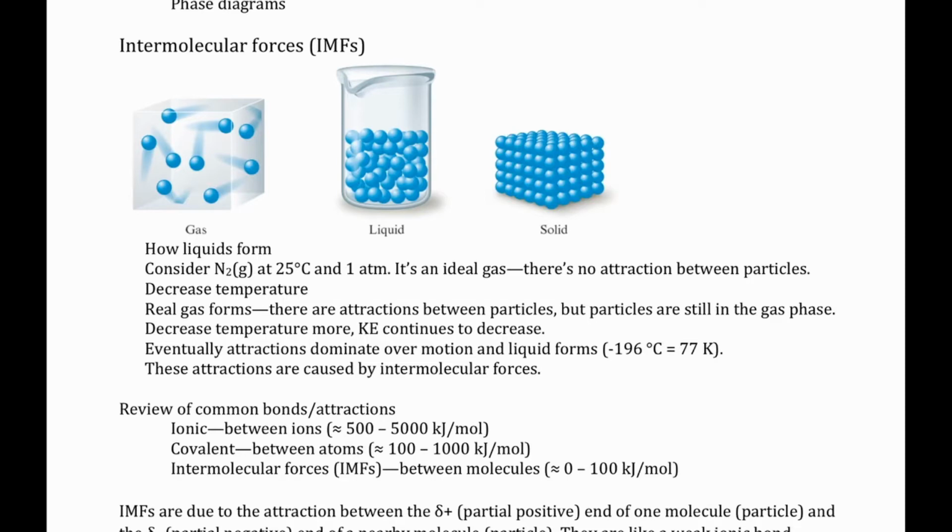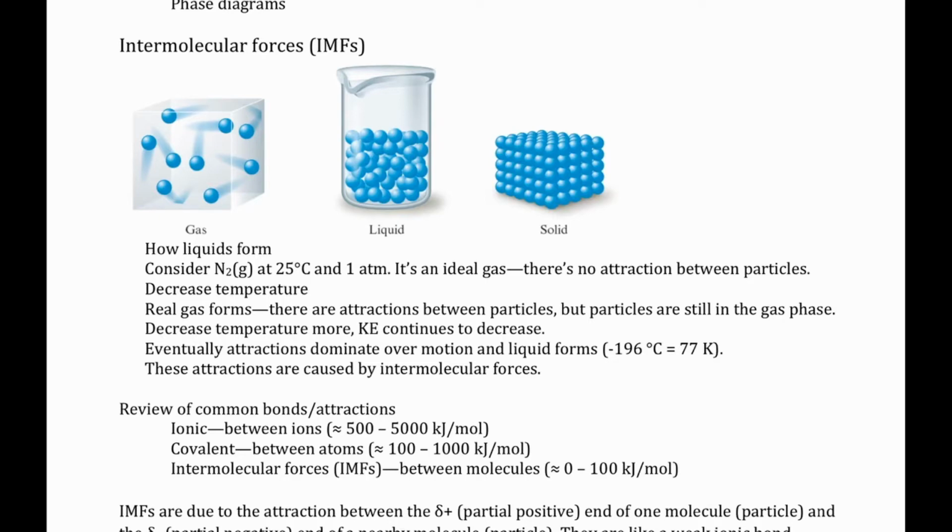We decrease the temperature more. Of course, decreasing temperature means the kinetic energy, KE, is decreasing as well. Eventually, the attractions between the particles dominate over their motion, their ability to get away from each other due to their kinetic energy, and the liquid forms.